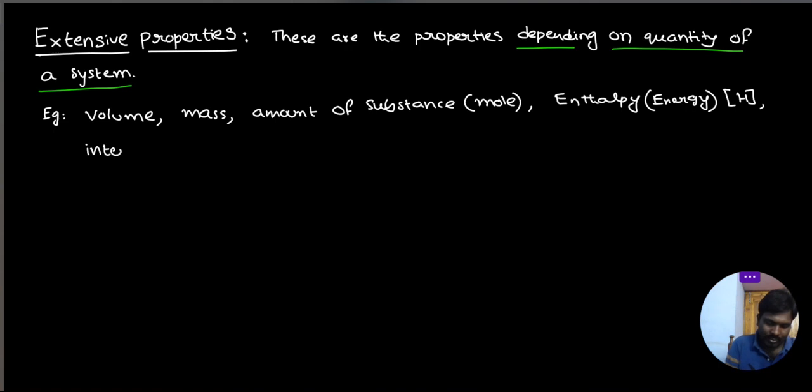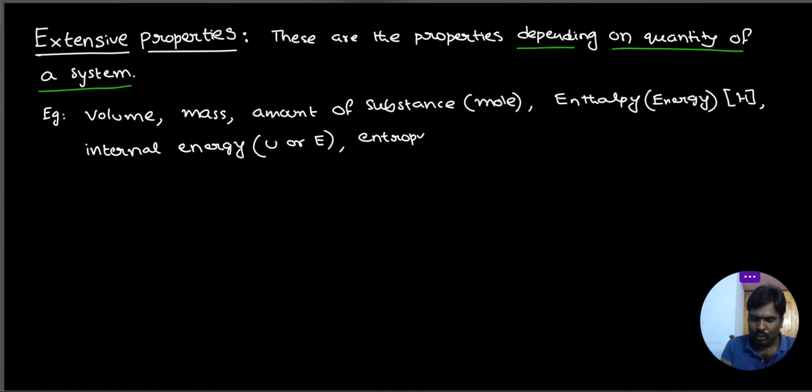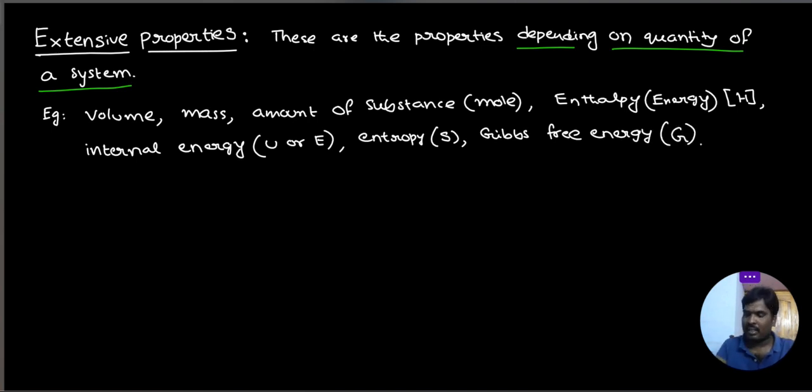Internal energy, indicated with U or E. Entropy, indicated with S. Gibbs free energy, indicated with G. Heat capacity, indicated with C, etc. So these are the extensive properties: volume, mass, amount of substance, enthalpy, internal energy, entropy, Gibbs free energy, heat capacity.